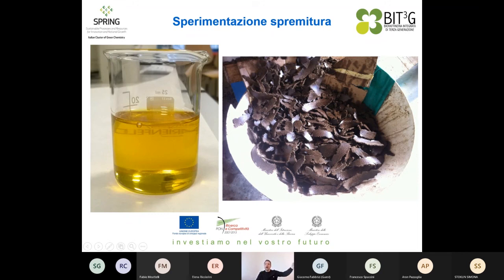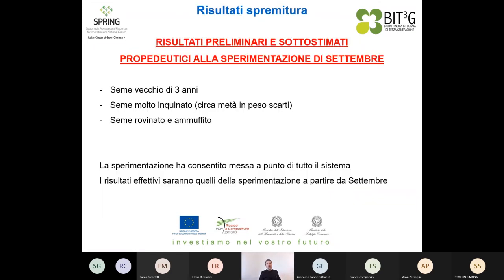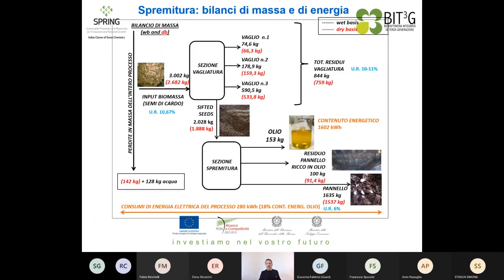This is the vegetable oil for biolubricant and bioherbicide production. We worked on the mass and energy flow, a sort of life cycle assessment of the chain, to evaluate how sustainable this pathway is.